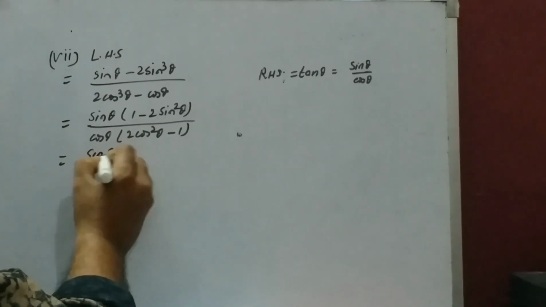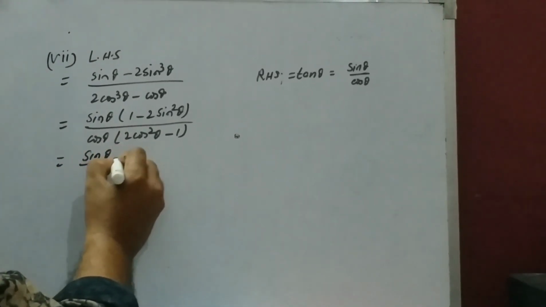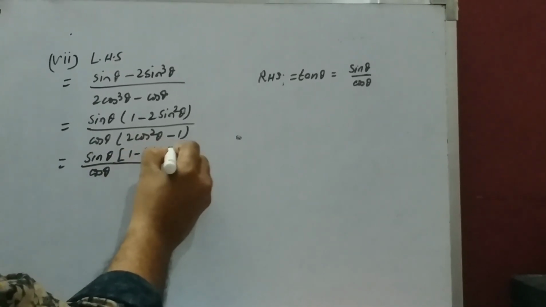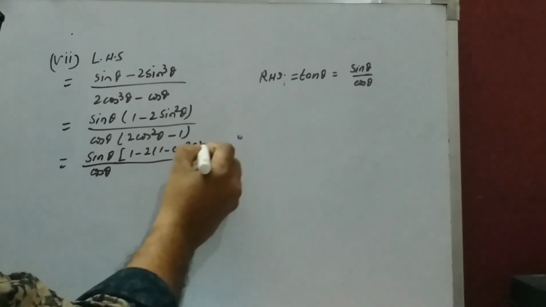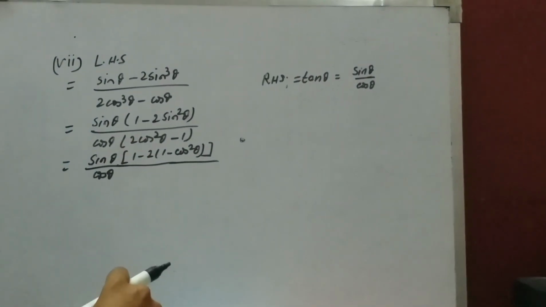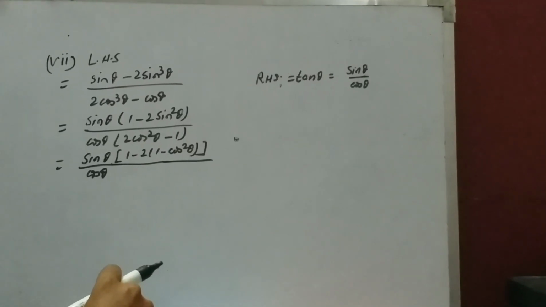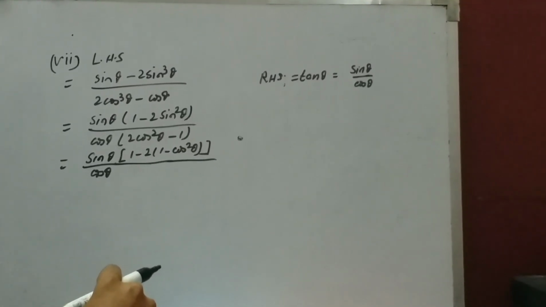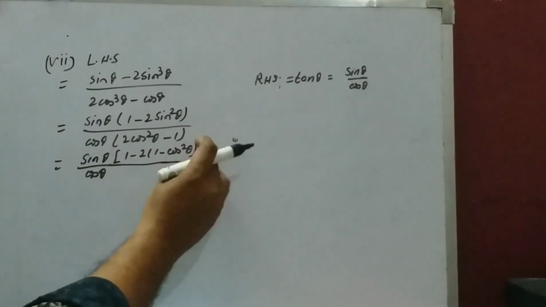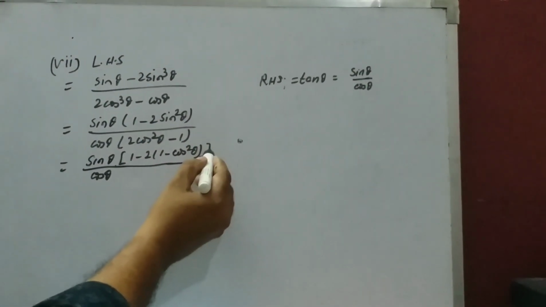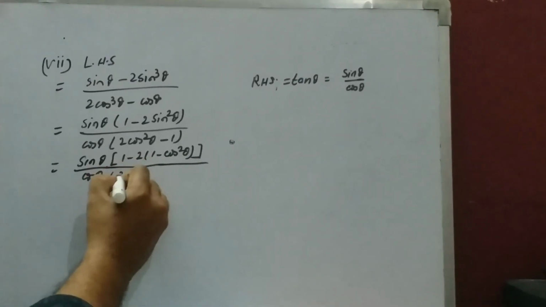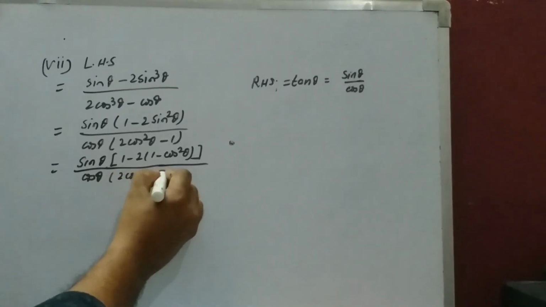This is sine theta by cos theta, and 1 minus 2 times 1 minus cos square theta. And this is a big bracket. Be careful in the use of brackets. You will not close all the things under the same bracket. If a small bracket is used here, then you will write here either a big bracket or a curly bracket, which is also called a middle bracket, and 2 cos square theta minus 1.